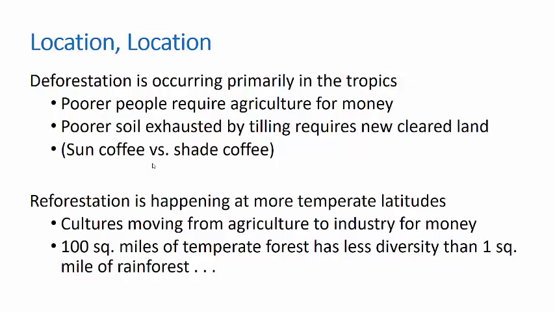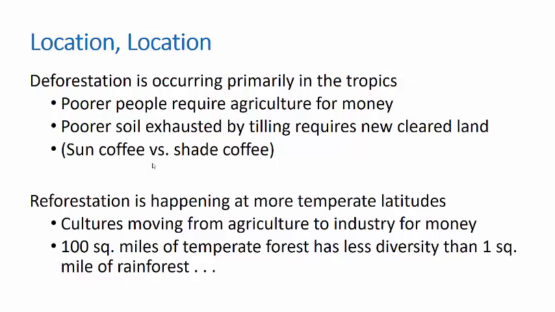But the temperate zones, okay, places like Canada, have gotten a degree or two warmer over the past, I'll go with 60, 80 years. It's much more noticeable the closer you get to the pole, so that's going to cause greater plant growth in those areas. All right. So, deforestation in the tropics, reforestation up in the temperate latitudes.